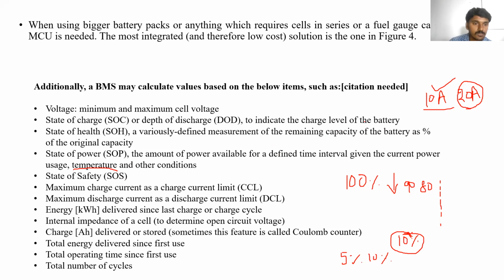So that's why during the charging time, the battery should be charged with a specified charging current. And there is a maximum discharge current, a discharge current limit.